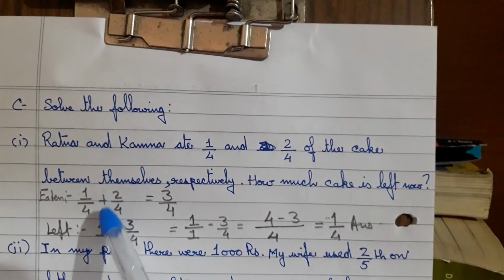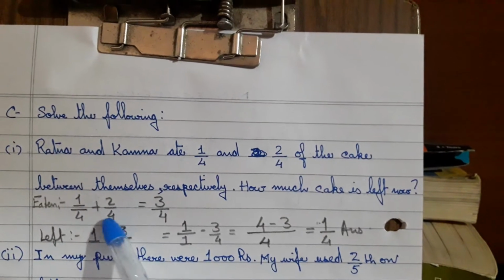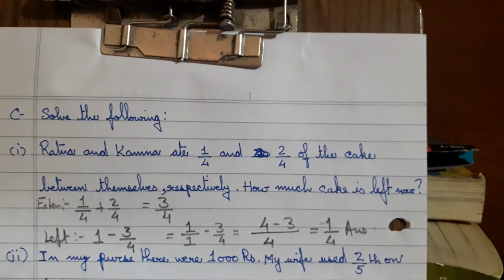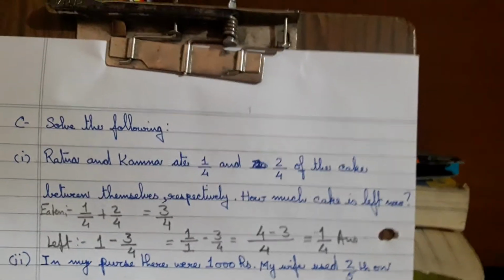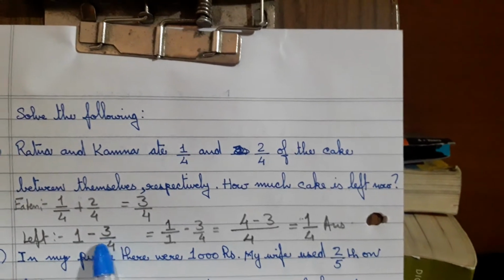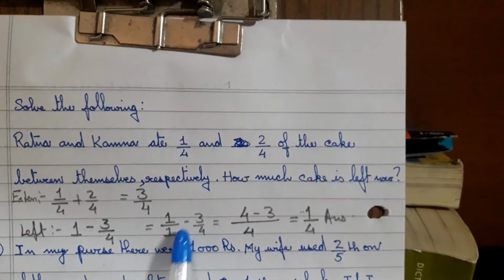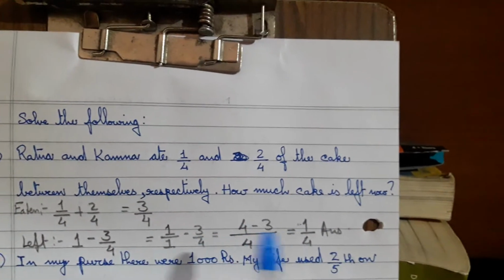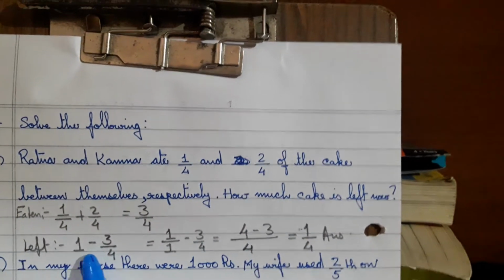You made 4 plus 4, 8, so this 4 over 4 plus 4 over 4 would have been 1, right? So 1/4 and 3/4, so you made portions. So 1 minus 3/4 will always give you an answer, 1/4.